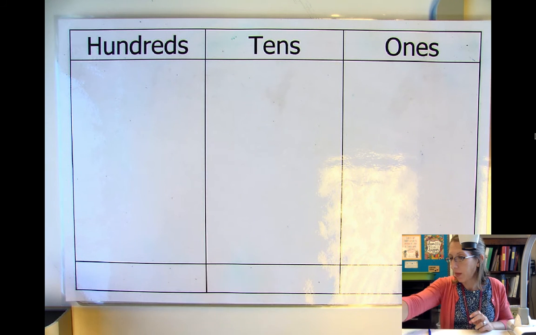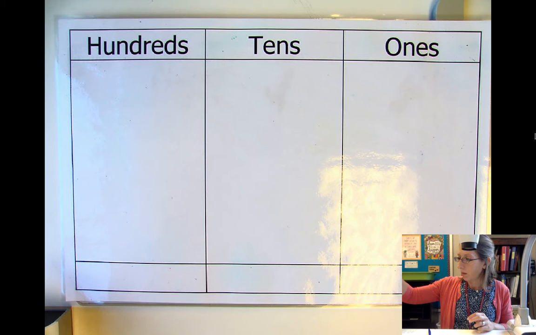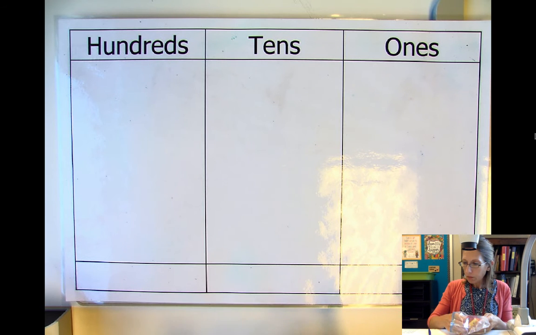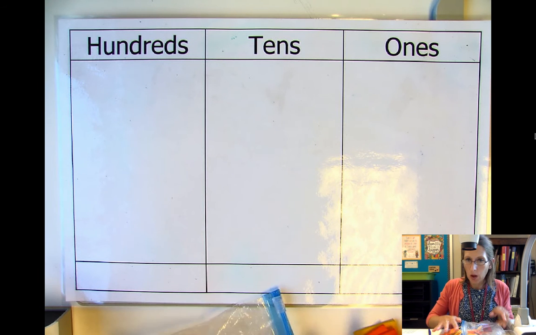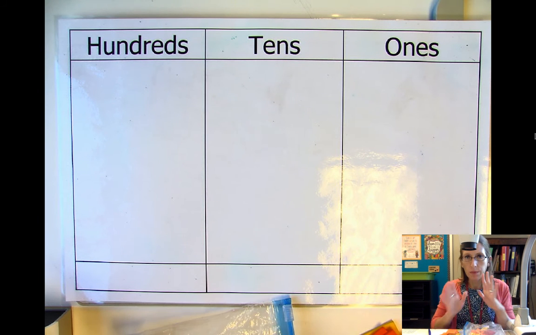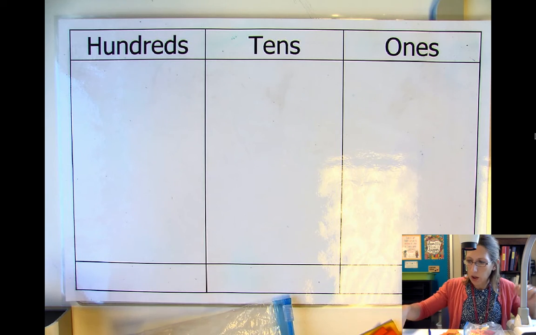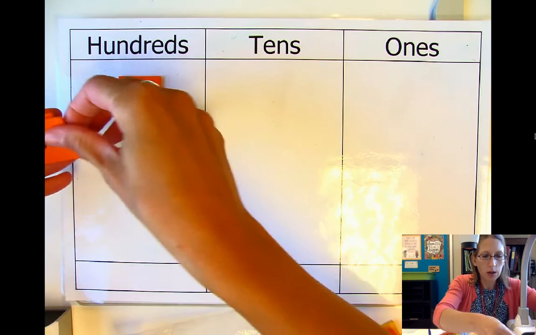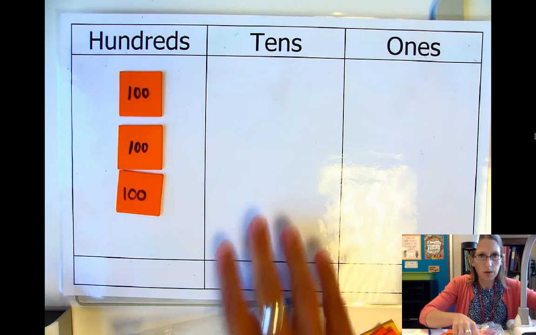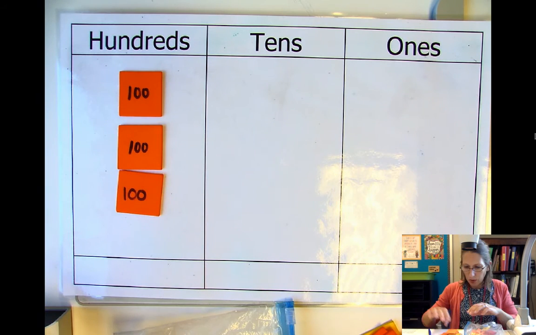So let's put that on our place value chart here. So we're doing 346. How many hundreds do we need? Did you say 3? All right. Let's put 300.